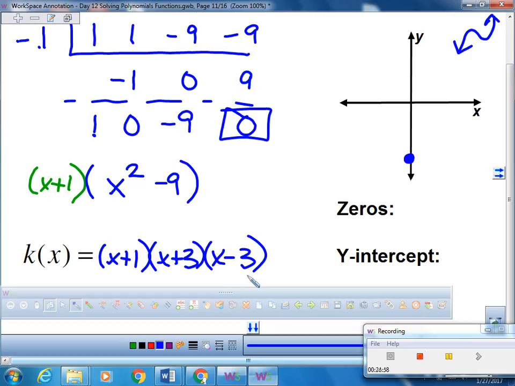Yes? It'll unfold itself. Yes? No, we wouldn't have. If we would have done, look, this would answer your question right now. If we would have done 3, that would have been this factor, right? That's such a good question.